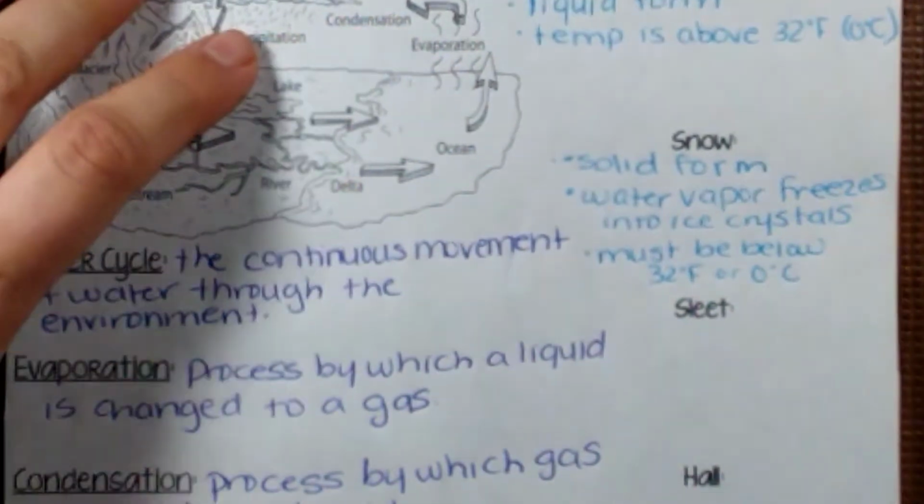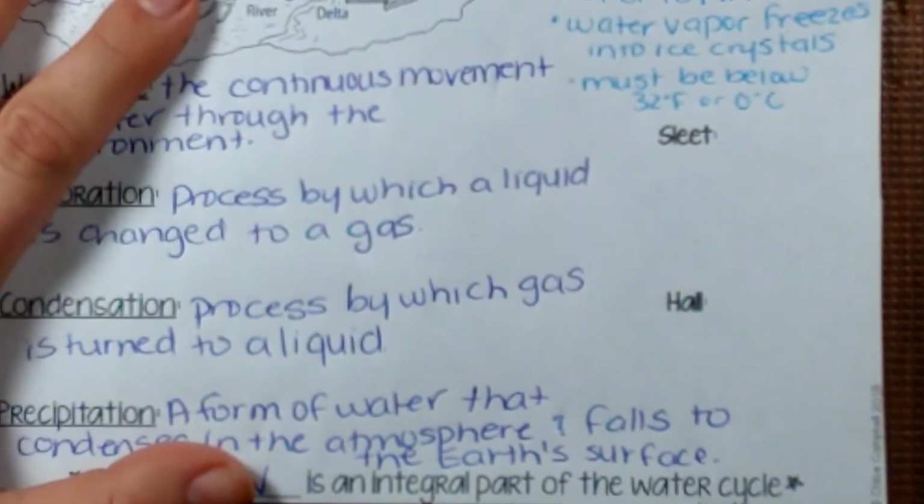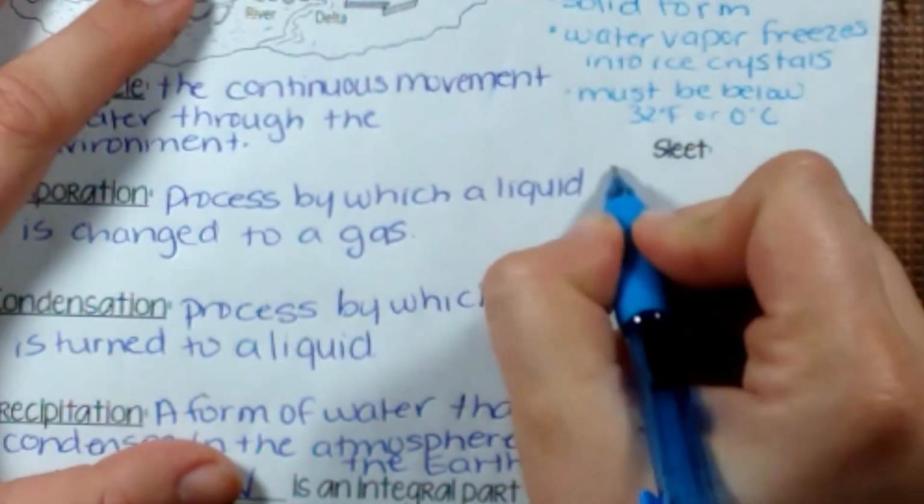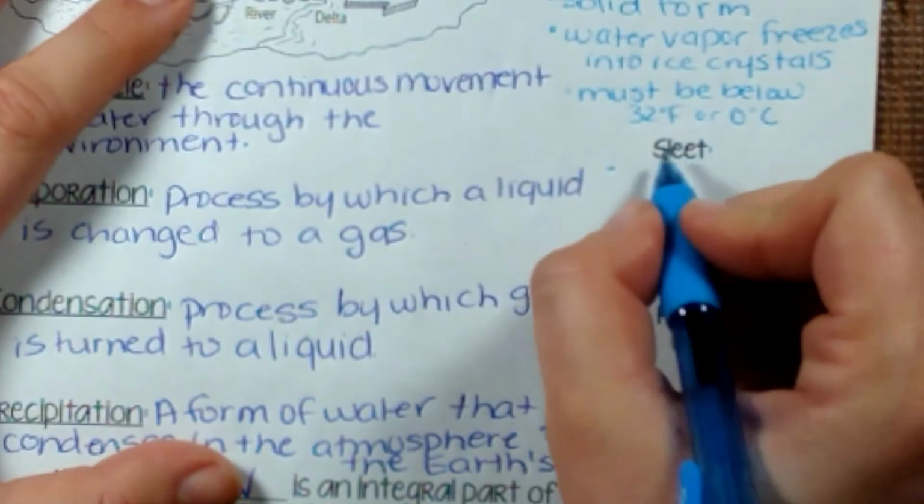Okay, sleet is a little bit more challenging. It occurs when a snowflake falls through the atmosphere, melts, and then heats up again, and then freezes again. So I'm going to make that a little bit shorter.